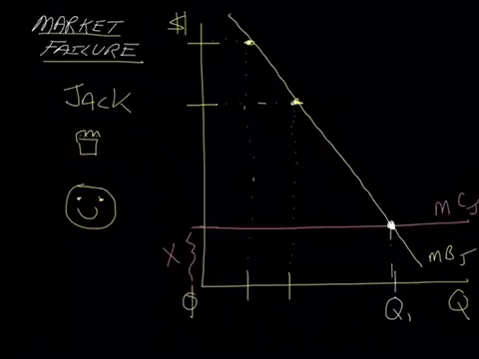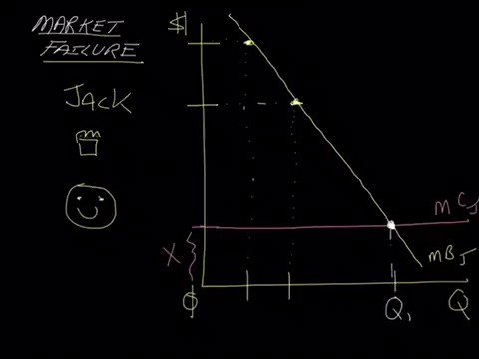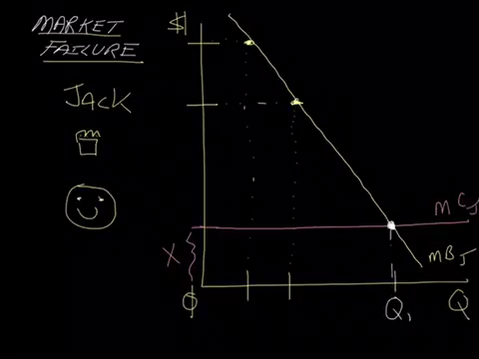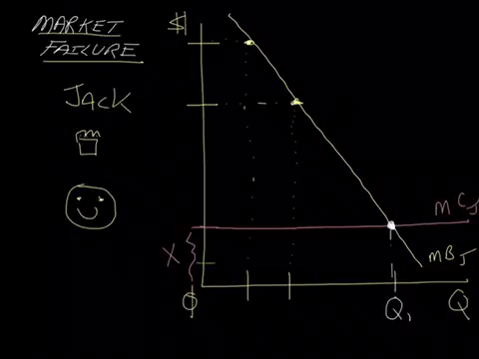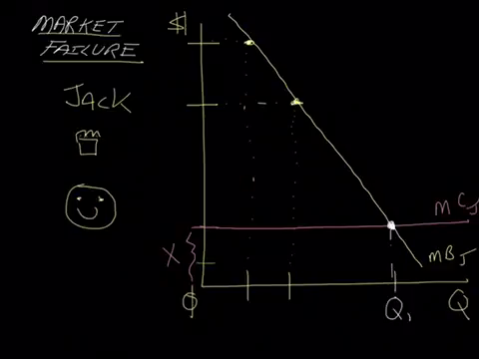To extend this example one step further, let's also consider that Jack has neighbors. And these neighbors enjoy the smell of the baking muffins. And we can quantify the level of their enjoyment on the value axis.